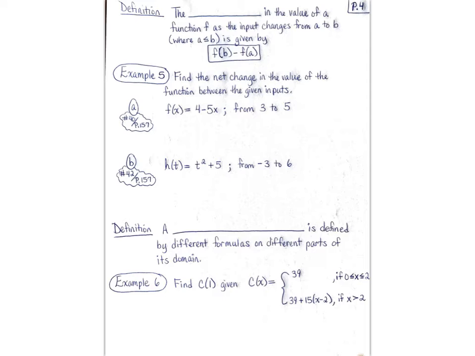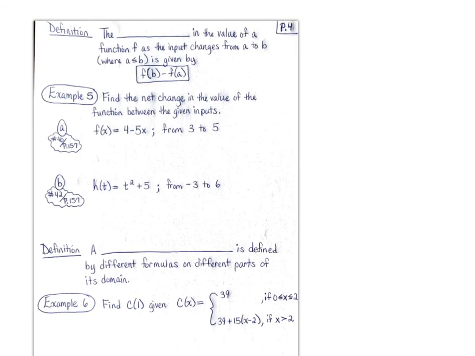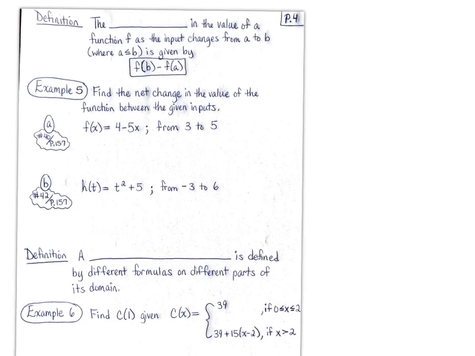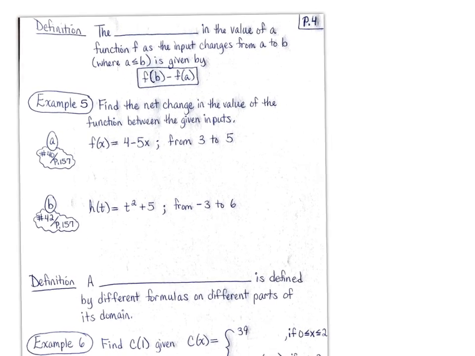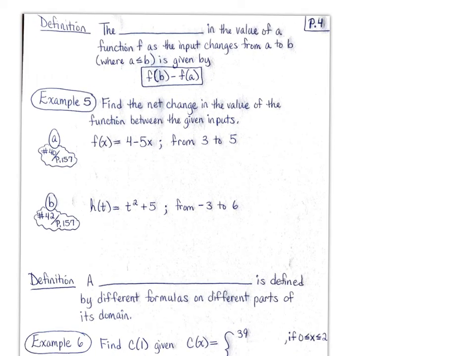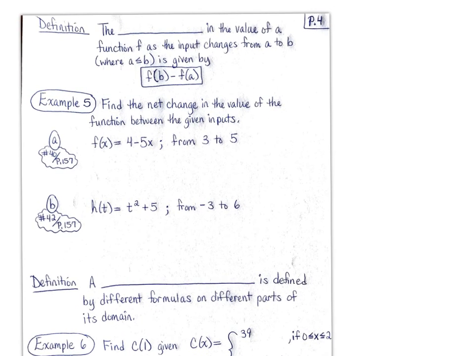So now, let's have a definition. The net change, I'm going to move this over to the left a little bit. Make it a little bit larger. Okay, the net change in the value of a function f as the input changes from a to b.